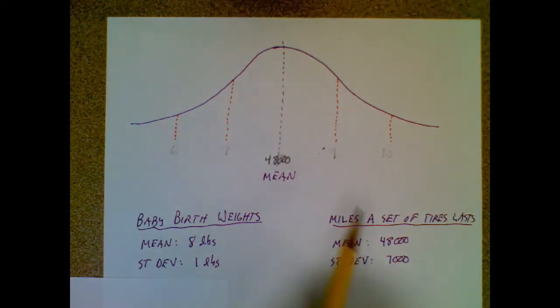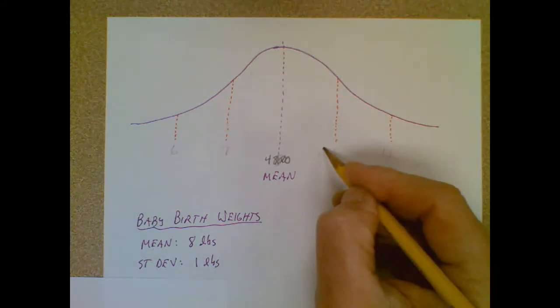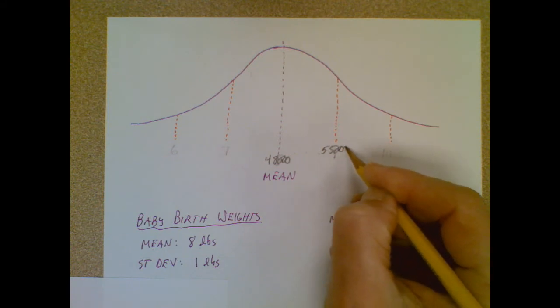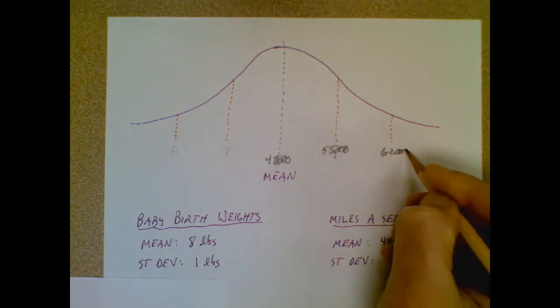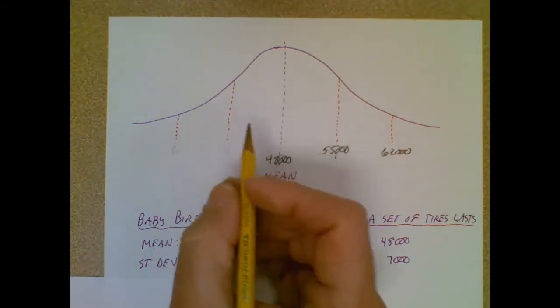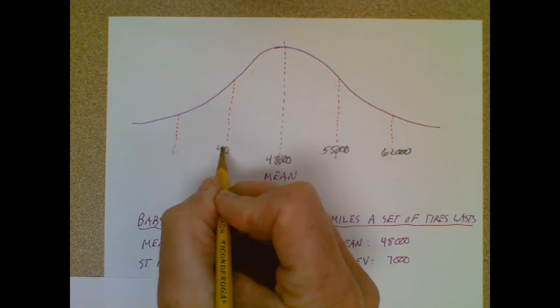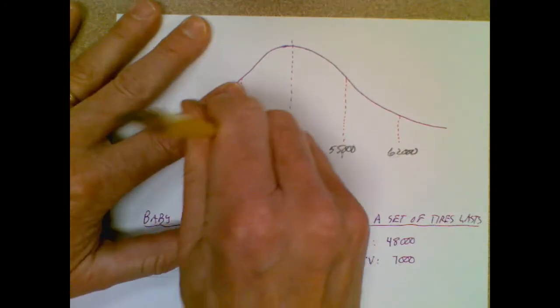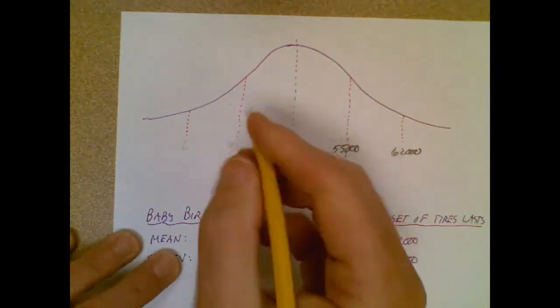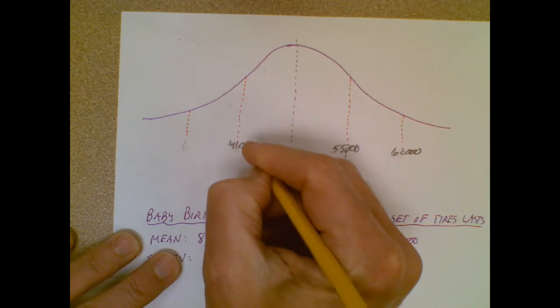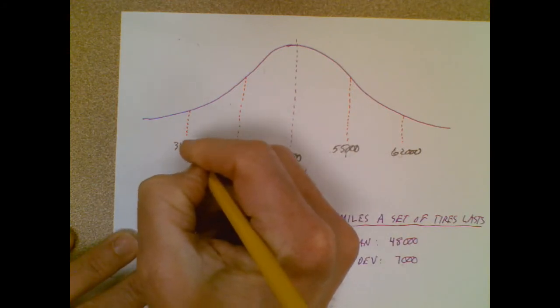We say 48,000 plus 7,000. That would make it 55,000 and 62,000. And then I can go minus 1 standard deviation, which means I subtract 7,000, and I subtract 7,000 again.